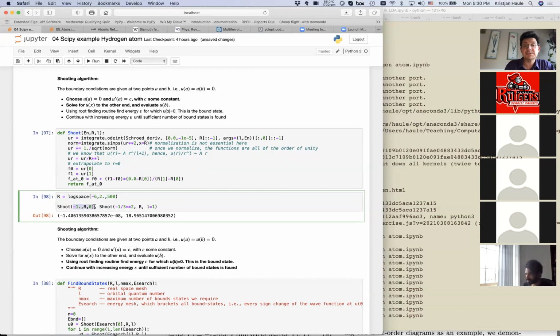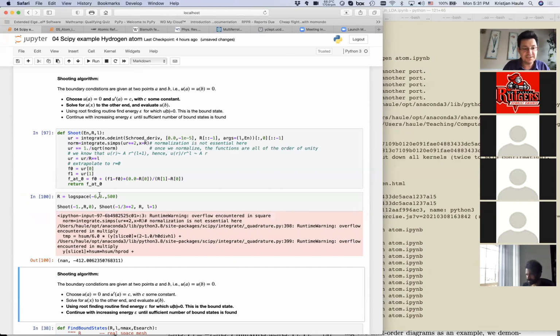So this corresponds to the 1s state, and we see that shooting indeed gives you some number which is pretty small, 10 to the minus 8. Now, if I increase this 2 to 2.2, I get a number which is even smaller, 10 to the minus 9. Okay, so you see that by slightly tuning R space, yeah, this 3 is too much, basically.